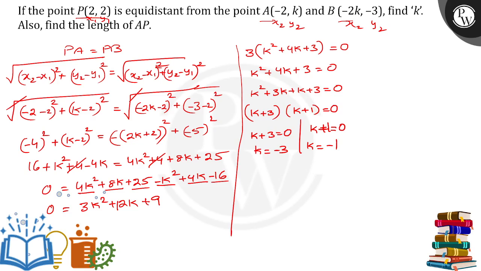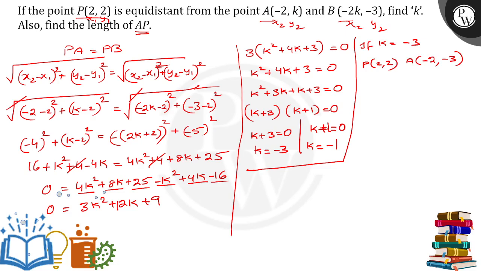Okay. So we need to find the length of AP, right? If we want to find the length of AP by using k equal to minus 3, then the point P is (2, 2) and point A is (-2, -3).